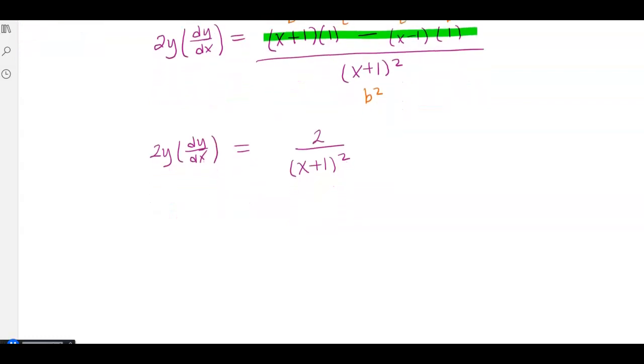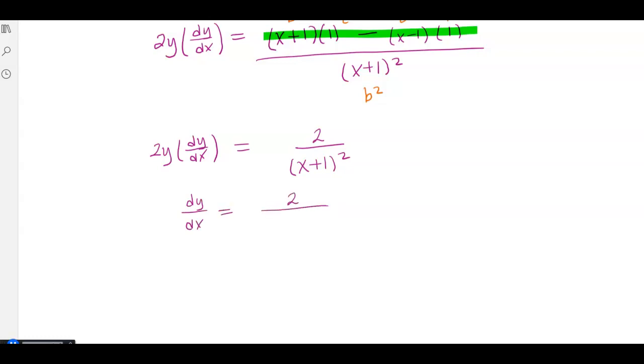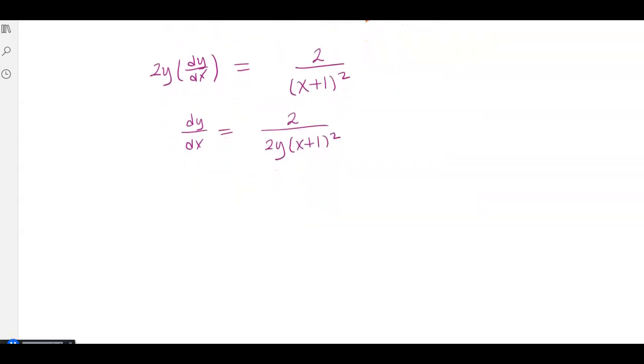And then I will divide both sides by that 2y. And the 2's will cancel. So it looks like for our final answer, we'll get 1 over y times the quantity x plus 1 squared.